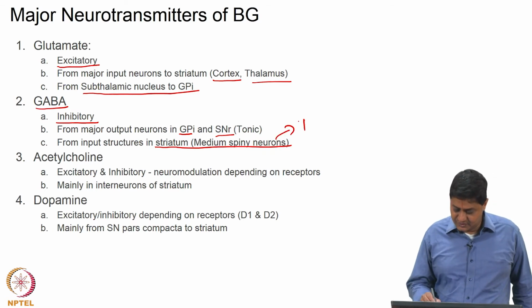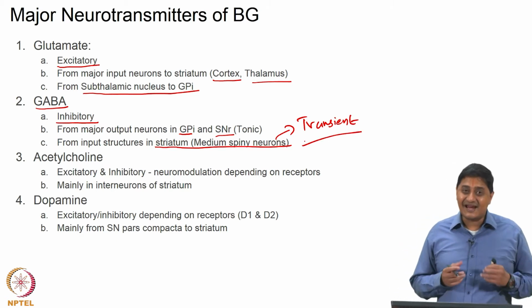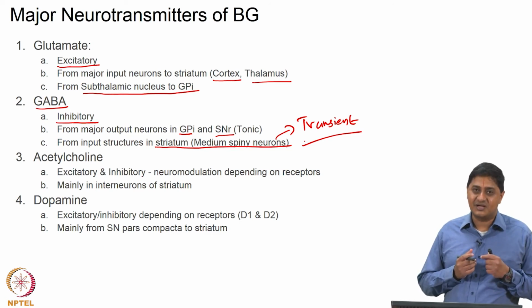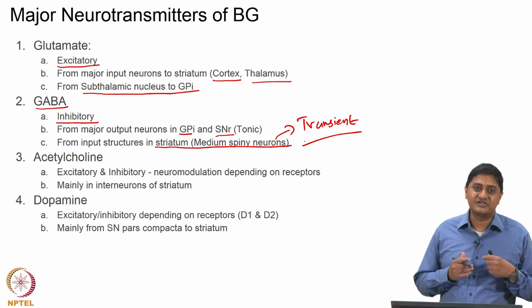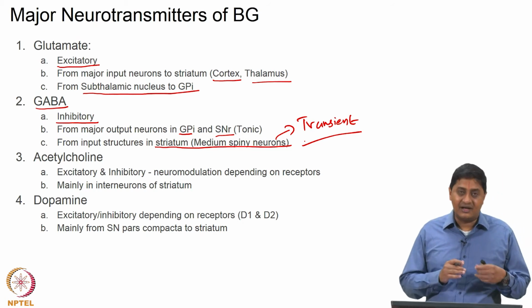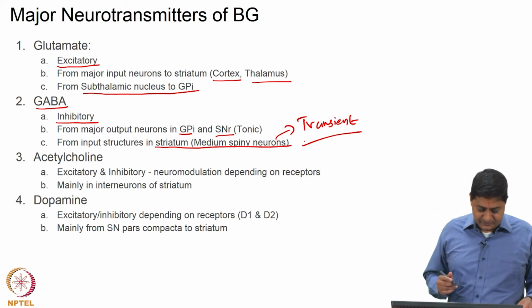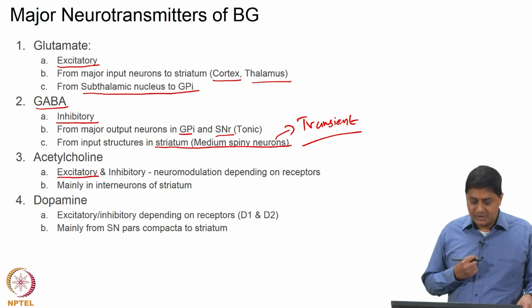This is usually transient, very important. So, this is what defines basal ganglia function, that the transient nature of the GABAergic medium spiny neurons gates or selects the specific function or movement that needs to be performed, a detail that we will continue to understand as we discuss, right. Acetylcholine is mainly believed to be excitatory, right.